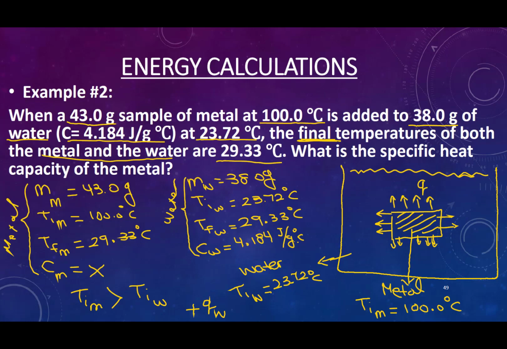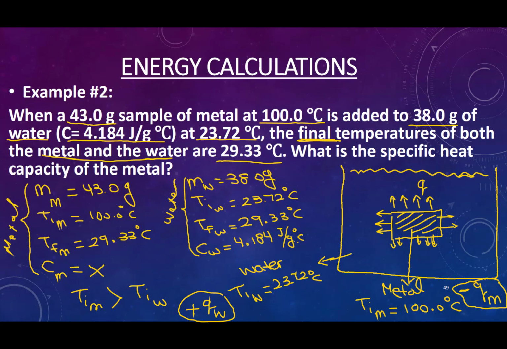And at some point, these two are gonna have the same temperature, right? For the metal, since it's losing the heat, its heat is gonna be negative. And these two are important facts that you want to know.